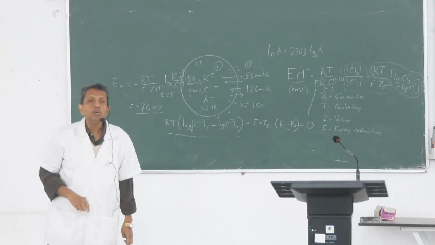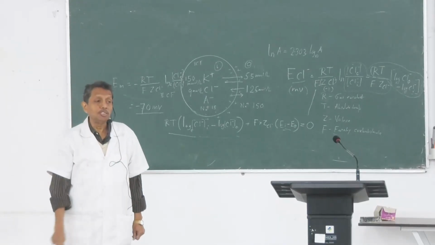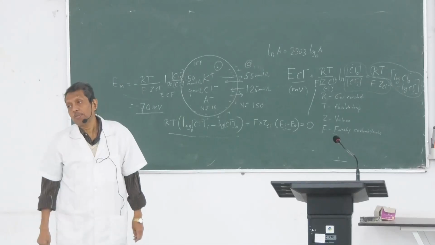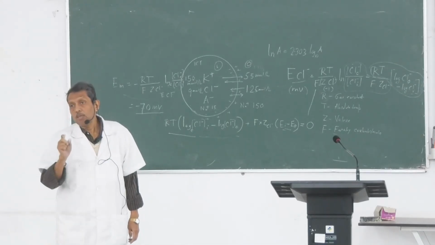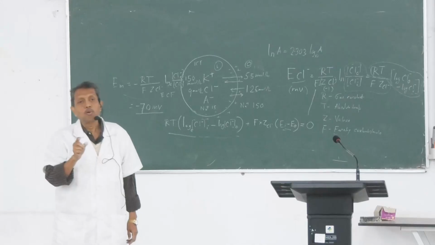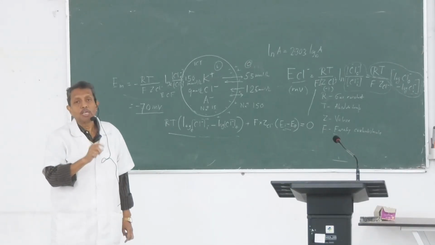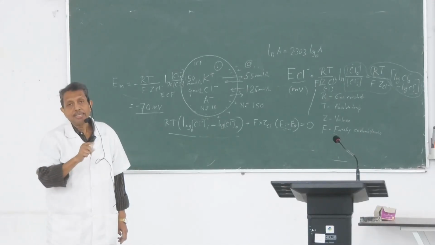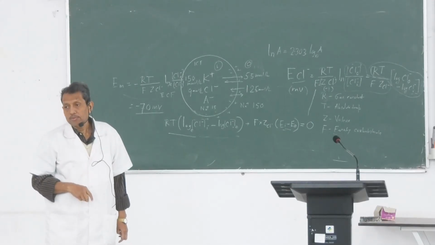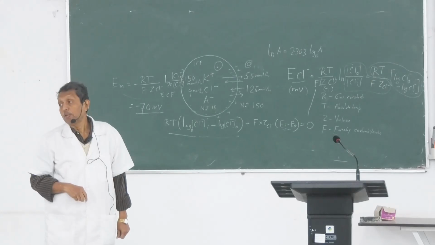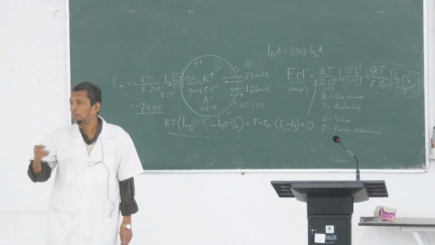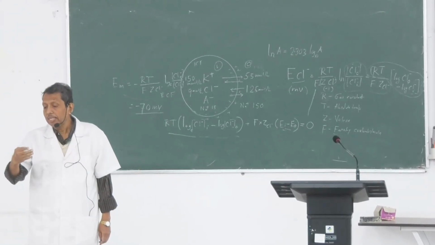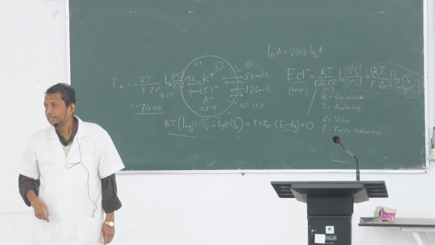Now how do we know that there is a membrane potential? You must have some concept of the cathode ray oscilloscope, and it is helpful in this situation. Membrane potential is the potential difference across the membrane, and it is normally expressed as inside in comparison to outside.